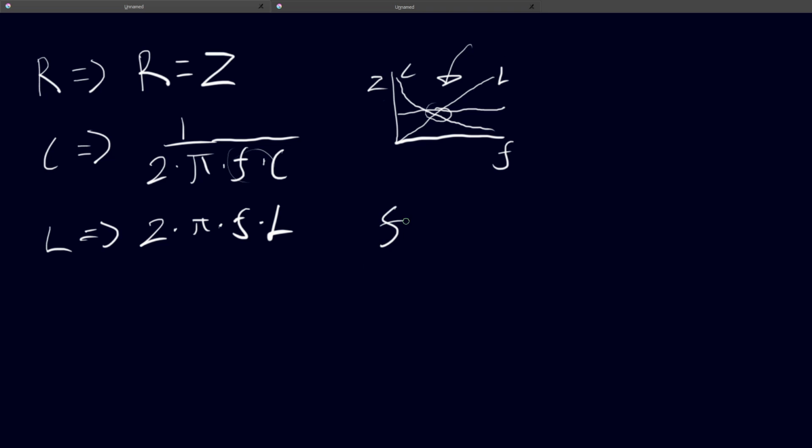But the formula for that is 1 over 2 times pi times the square root of the inductance times the capacitance. With this formula you can tweak these values around and get a different resonant frequency.